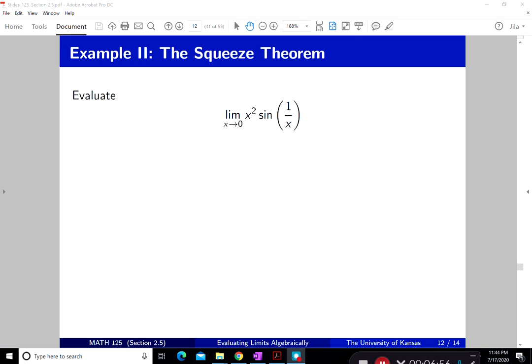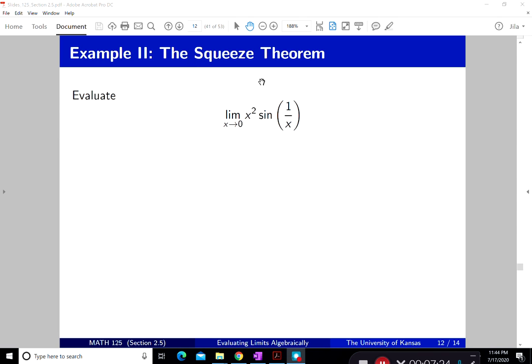The blue function you just saw on the previous page was x squared sine of 1 over x, and we want to find that limit as x approaches 0. This function does not have a value at x equal to 0, but it has a limit, and the only way we can find it is through the Squeeze Theorem.